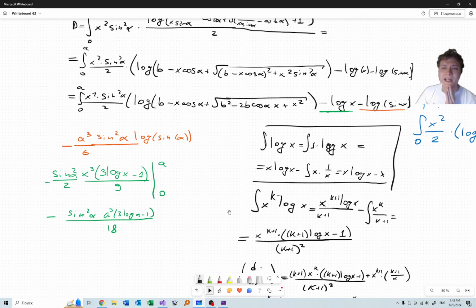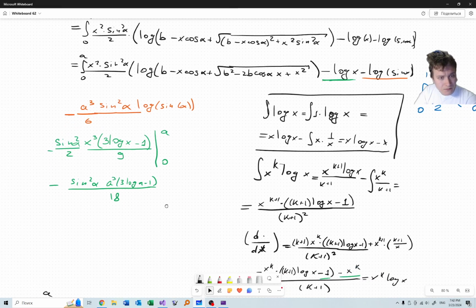I have calculated the orange part, which is fine. I calculated the green part, which is not very fine.